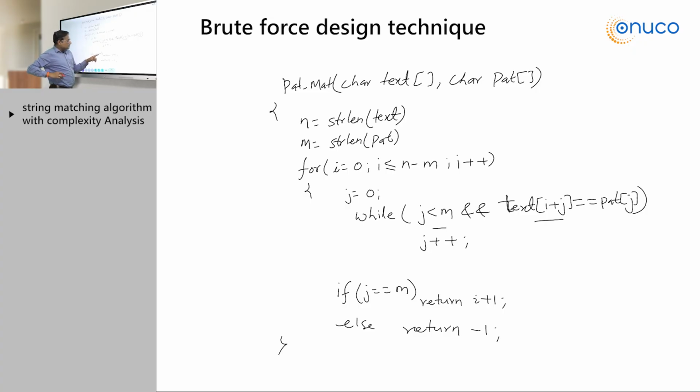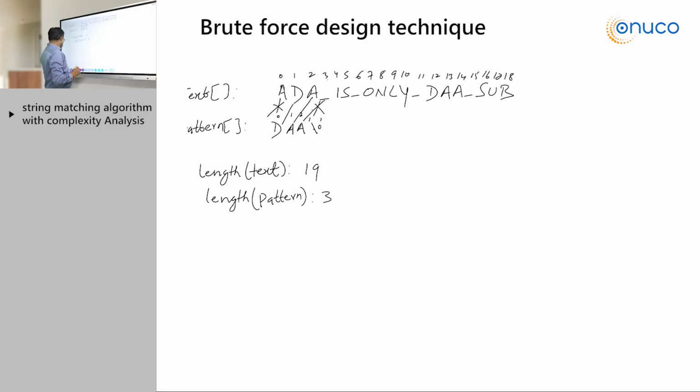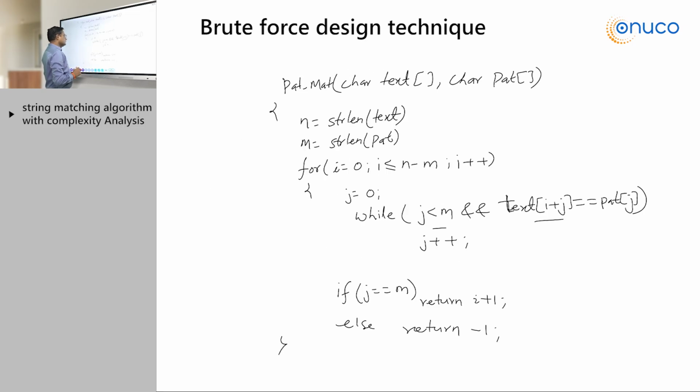Why I plus 1 and minus 1? Because if j is equal to m, the pattern is found, and as I said in the previous example, the pattern was found at position I, index 12. And as I said, it is not real-life counting. The real-life position is 12 plus 1, 13. That is why I mention here return I plus 1, and this will send to the main function that the pattern is found at position 12 plus 1, 13.